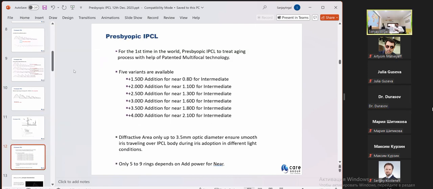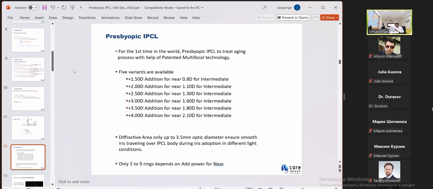And now for the presbyopic phakic IOL, we thought about the patients. Because presbyopia is a progressive eye condition, and presbyopia increases as we grow older.